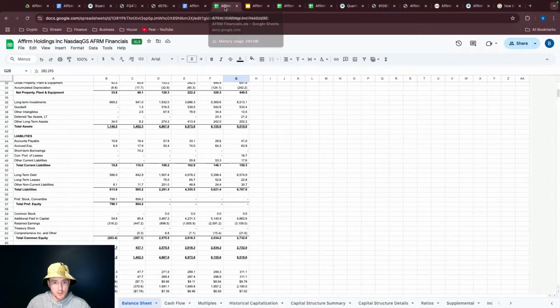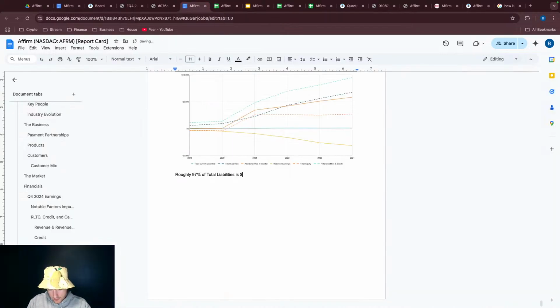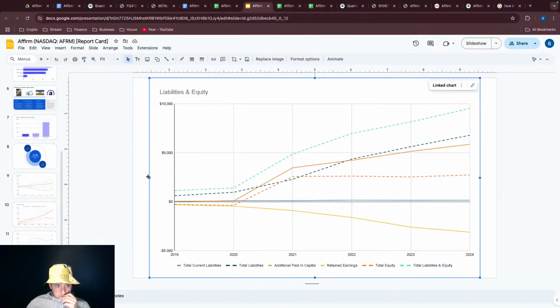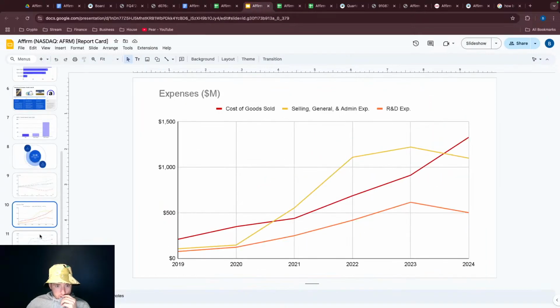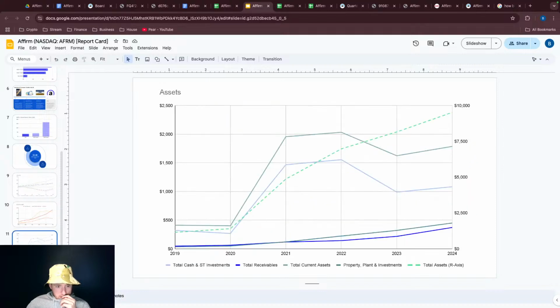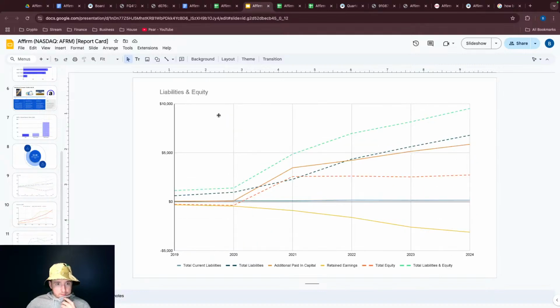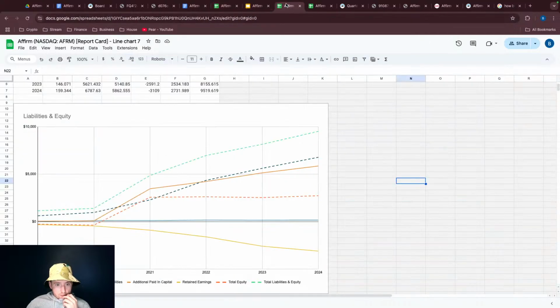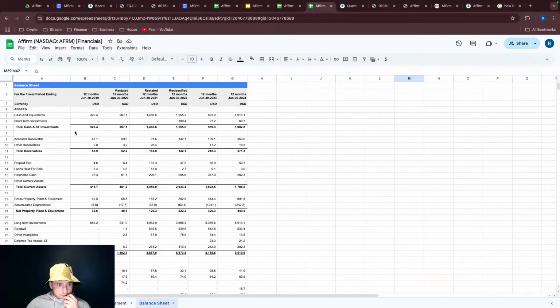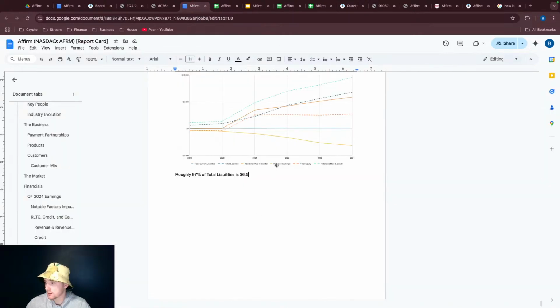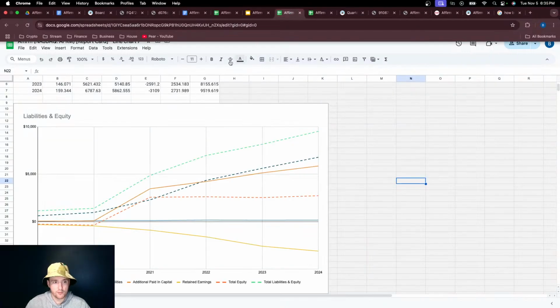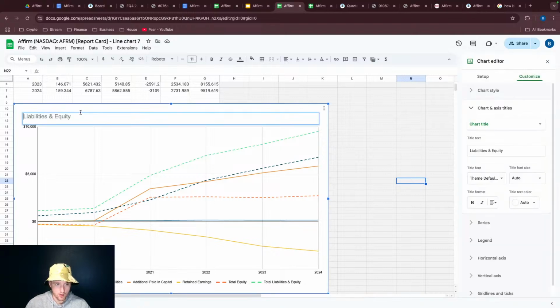Yeah, 6.5 billion is 6.5 billion in long-term debt. So we need to fix that first. Just make sure that we put it in million.